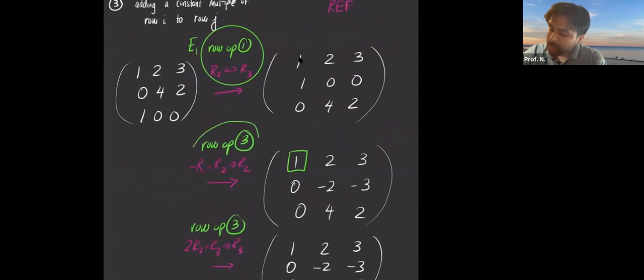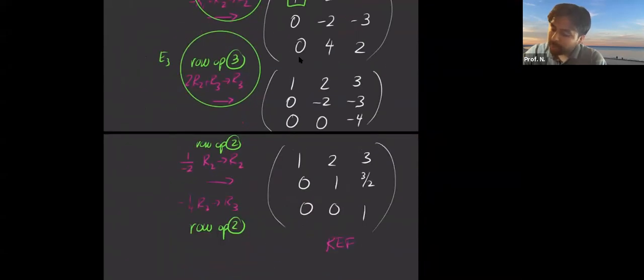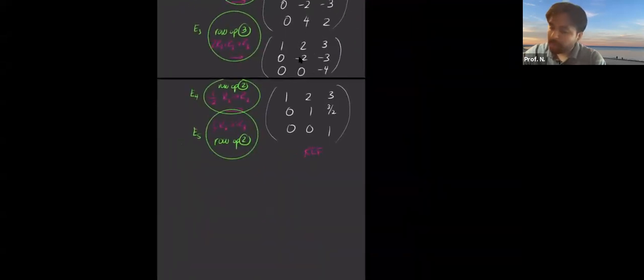And then this whole thing here, I'm going to call the second elementary matrix. This one the third. This one the fourth. And lastly, the fifth. So can anybody tell me what would be E1?